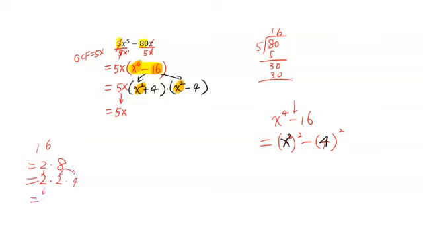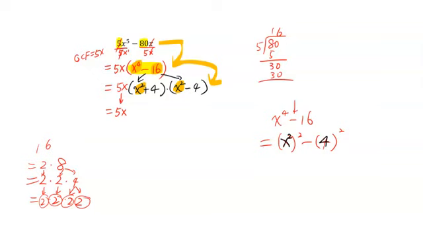And 4 you can still break down as 2 and 2. So this process may continue quite a few times until you reach all the numbers that cannot be broken down. Same thing here. We broke down the original problem to get this, and then we were able to break down further to get this.